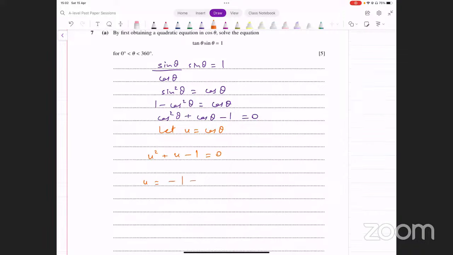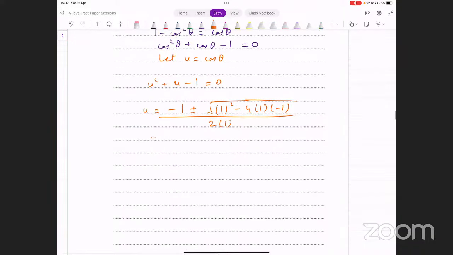Quadratic formula में values input करके दिखाना जरूरी है. तो आप लिखेंगे minus 1 plus minus square root of 1 squared minus 4 into 1 into minus 1, and this whole thing divided by 2 into 1. Now we could get two values of u from this. ये आप एक दफा जब आपने input कर दी, उसके बाद आप directly लिख सकते हैं. ये देखते हैं क्या values आती हैं.